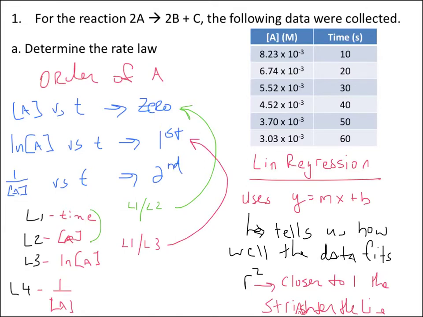And then finally, when I do, let me get a different color ink here, when I do an L1 versus an L4, I'm checking to see if it is a second order. And so I'm going to do these three different combinations, and whichever one gives me my largest R-squared value, or the one closest to 1, that's going to be my straight line. That's going to be the order of reaction.